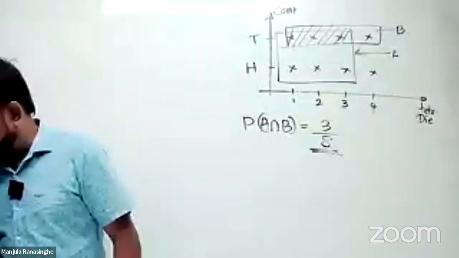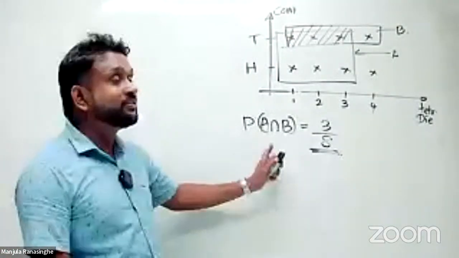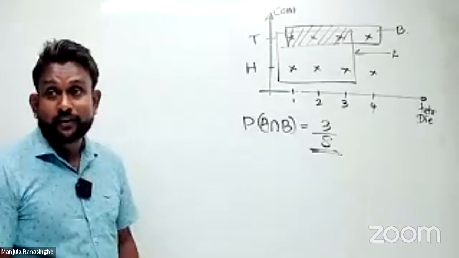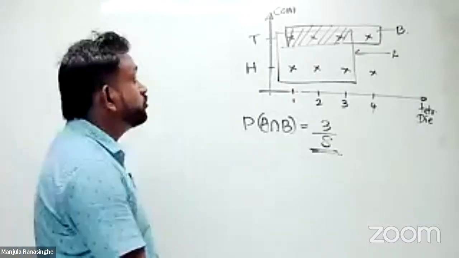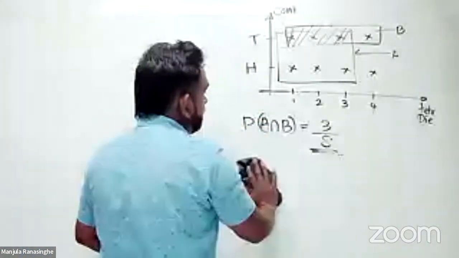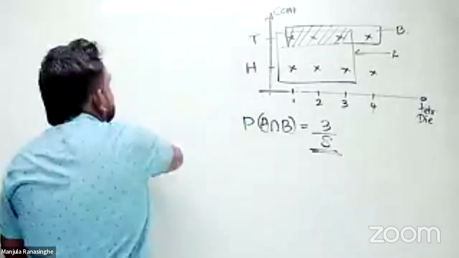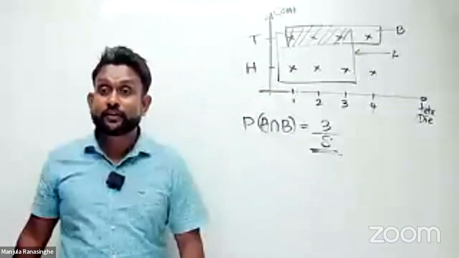So that event is the probability 3 upon 8, right?